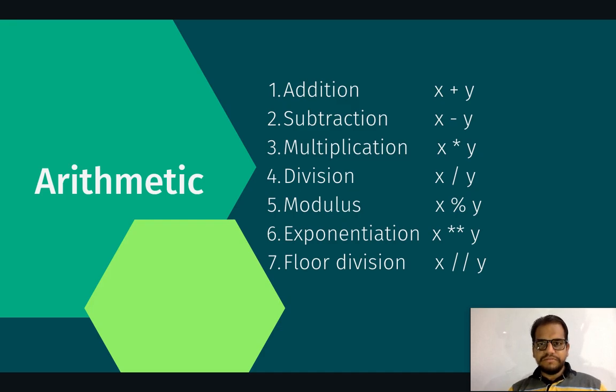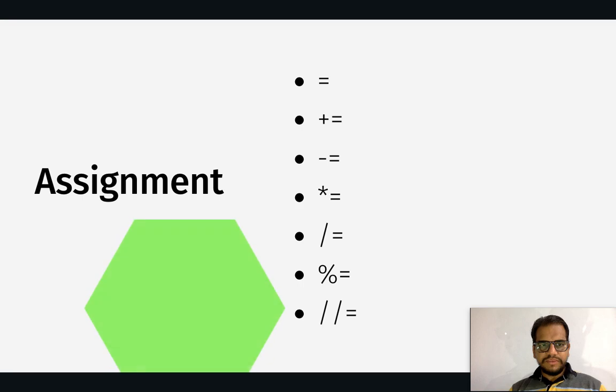Next we will see assignment operators. The assignment operators have equal to, plus equal to, minus equal to, multiply equal to, divide equal to, percentage equal to, and floor division equal to. These are the assignment operators.